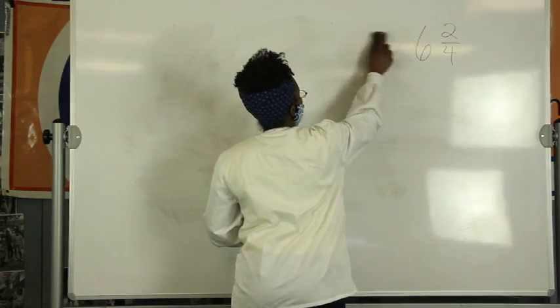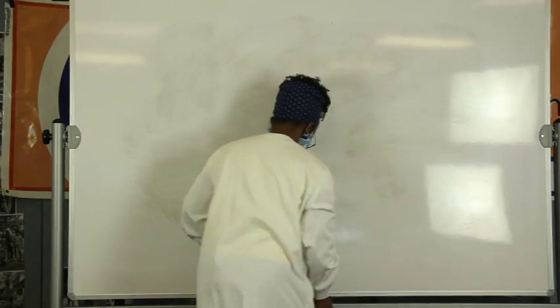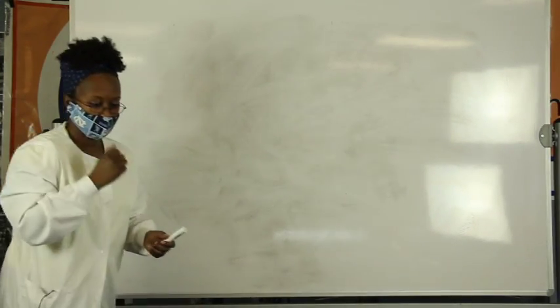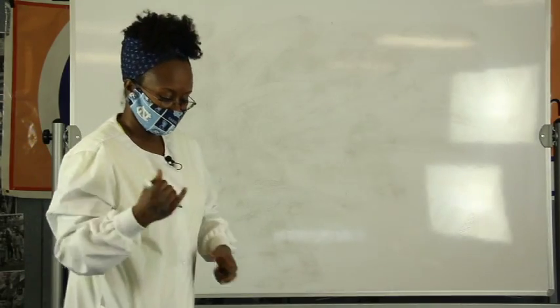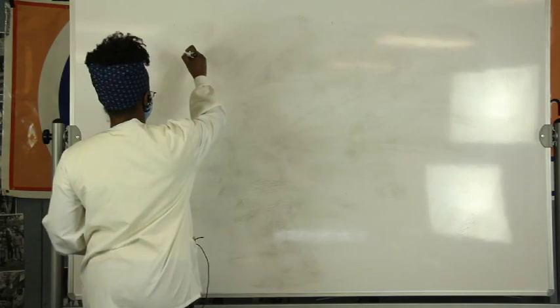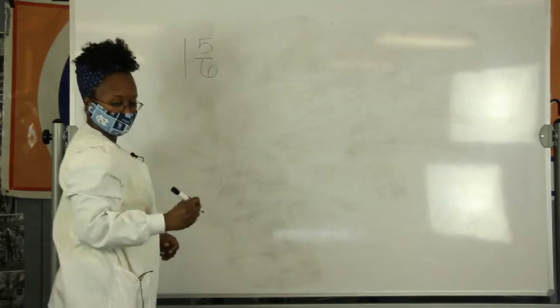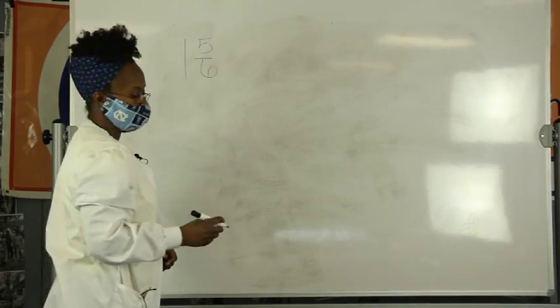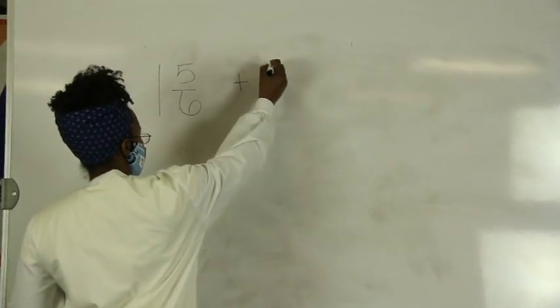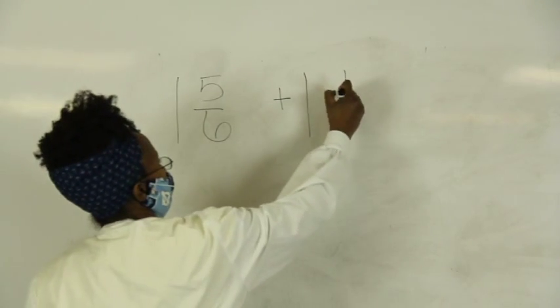They're very much the same, except one is addition and one is subtraction, okay? You can do it. So let's do one more problem. It's going to be 5 over 6 plus 1 and 1/6.